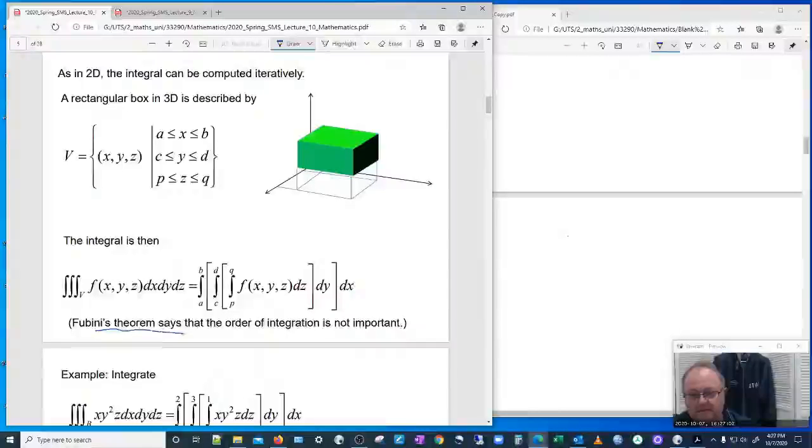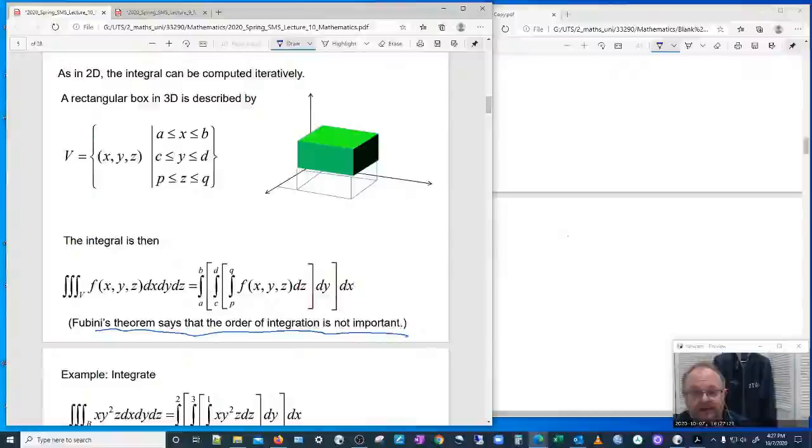Okay, the order isn't important if there are numbers in the limits of integration. So the reason that you'd swap them around is to make it simpler.